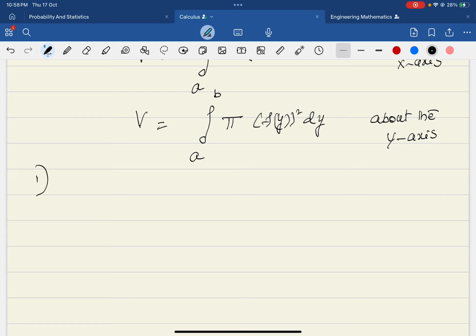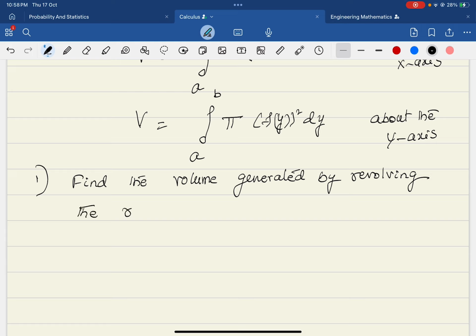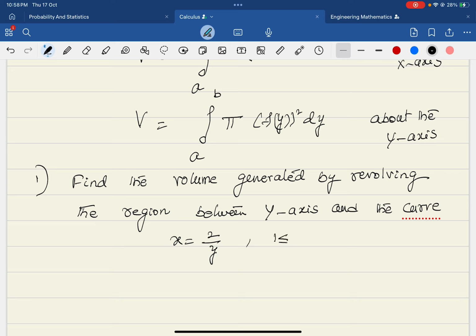Find the volume generated by revolving the region between the y-axis and the curve given by x is equal to 2 over y, and the limits of y are from 1 to 4.